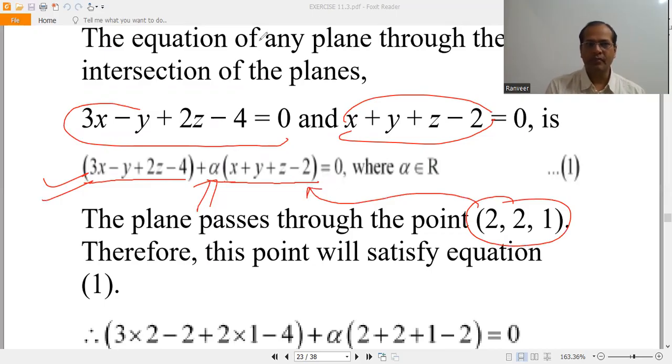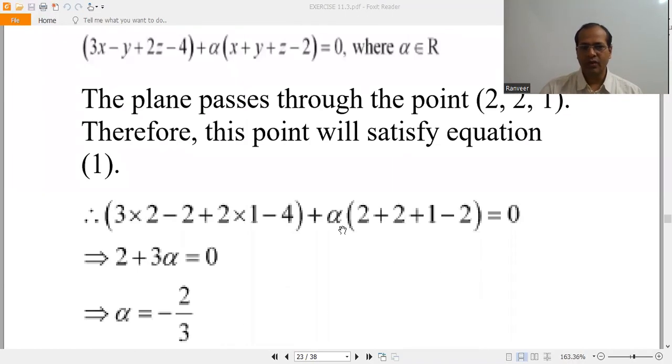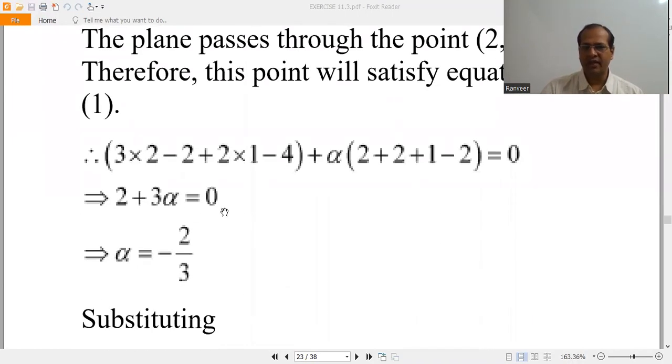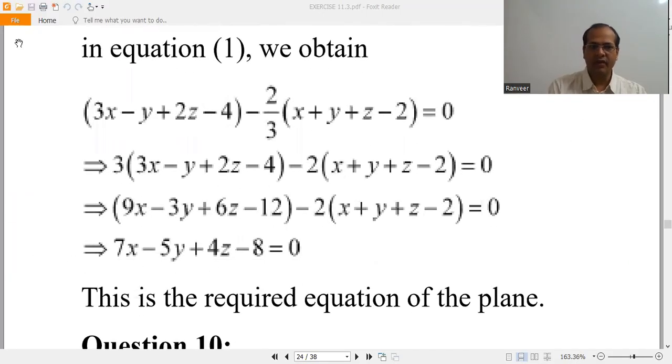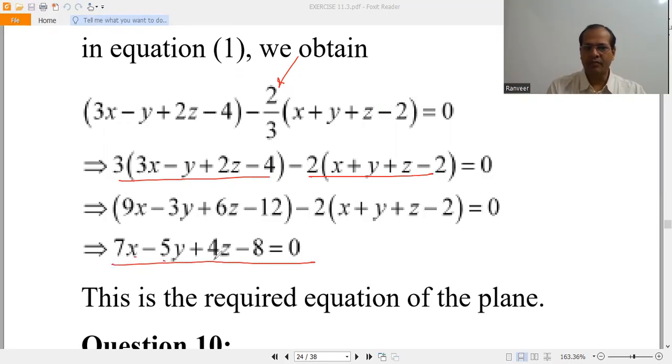After substituting, we get 2 plus 3 alpha equal to 0, alpha equal to minus 2 by 3. Then we just have to substitute alpha equal to minus 2 by 3 in the equation, and after doing the calculation we get the answer 7x minus 5y plus 4z minus 8 equal to 0, which is the required equation of the plane.